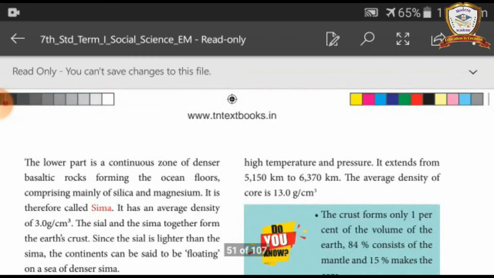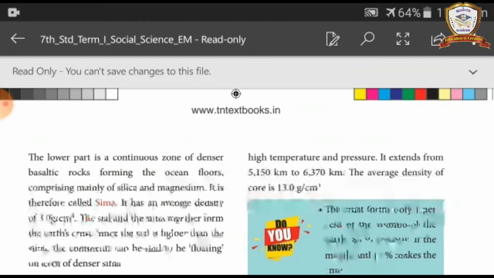The lower part is a continuous zone of denser basaltic rocks forming the ocean floors, comprising mainly of silica and magnesium. It is therefore called Sima. It has an average density of 3.0 gram per centimeter cube.